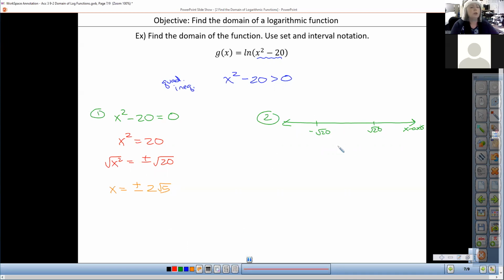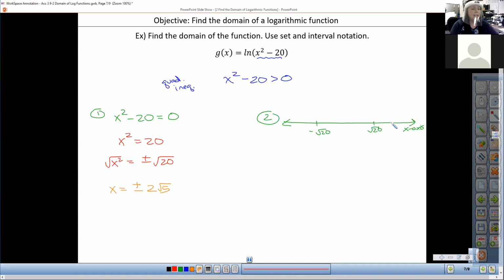So for those of you who like to use your basic math and plug in numbers to test your intervals, you can do that in one or more of these intervals once you get the kind of pattern that goes with it. So for example, let's say that you want to test a number over here on the far right interval. So these are the numbers greater than the square root of 20.